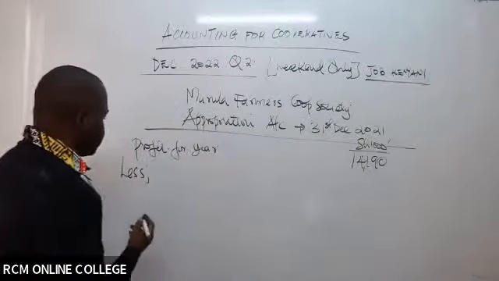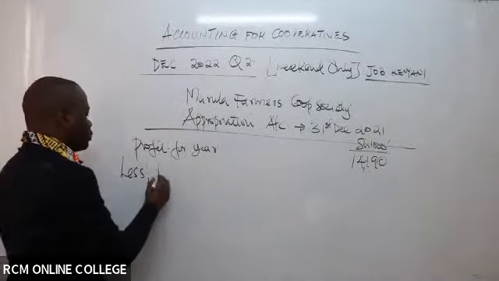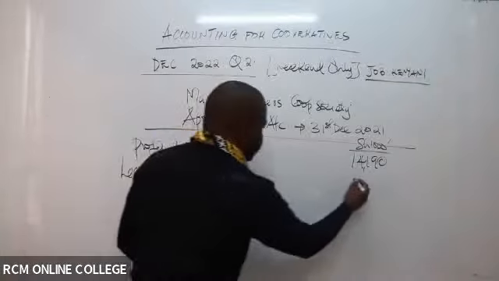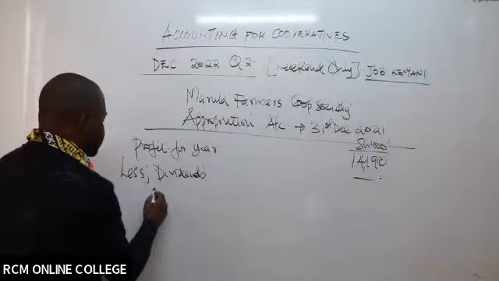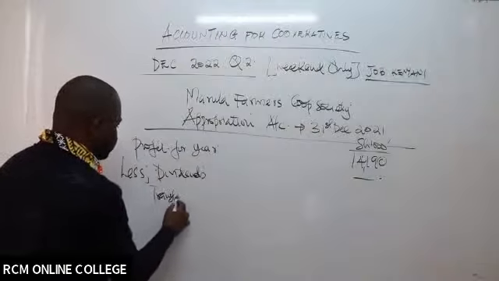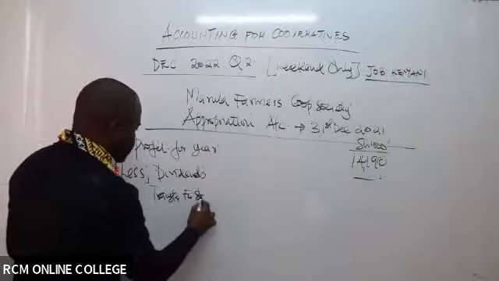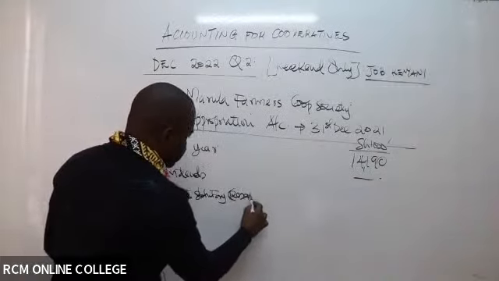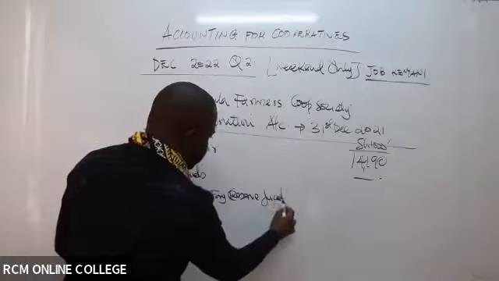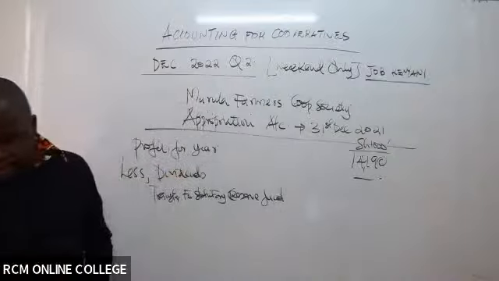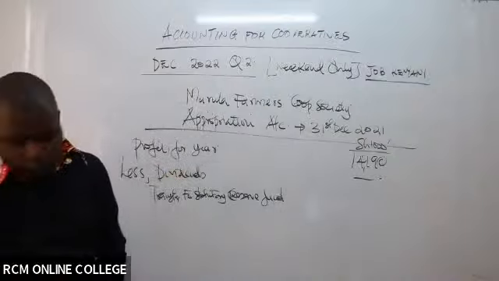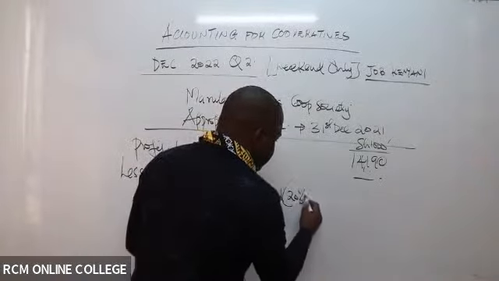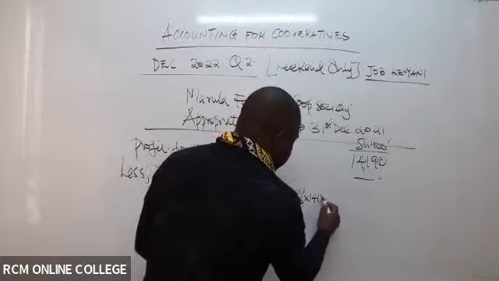So less, if there were any dividends, you can less. But in our question, they are not there. But of course, there is a transfer to statutory reserve fund, which in this case will be 20% multiplied by 14,190.